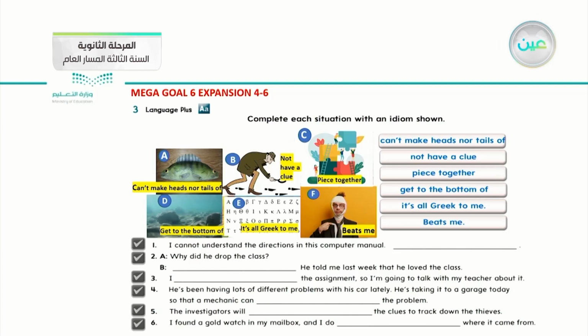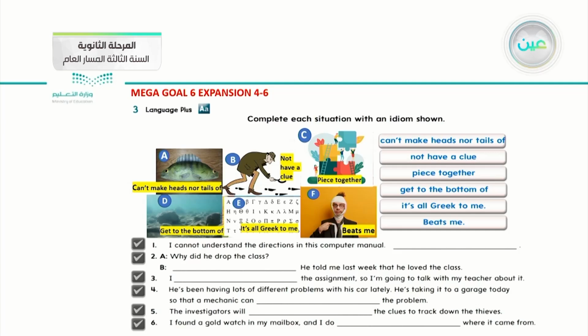It's all Greek to me, which means it confuses me. I can't understand this language. And the last one, stumps me, which means that something makes my mind confused, and I can't focus, and I can't expect the end of those things. That's what we're calling it, stumps me.